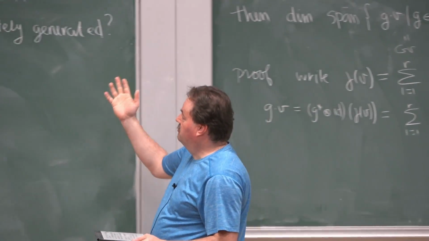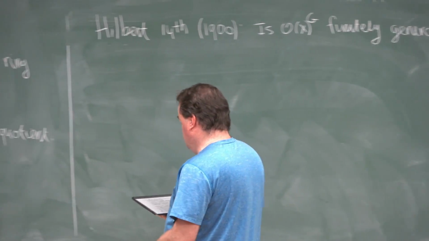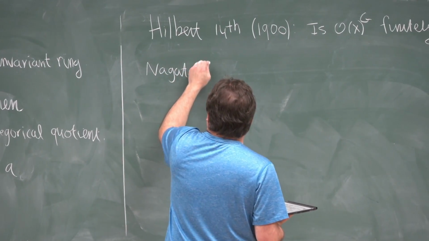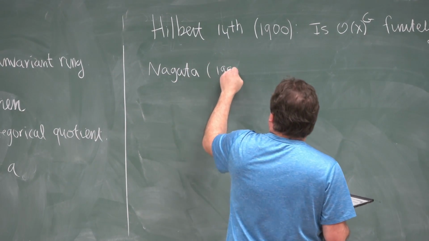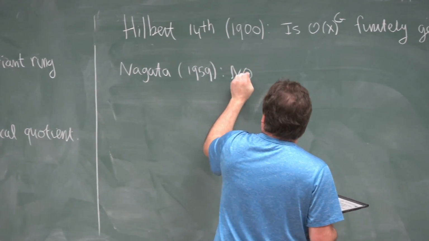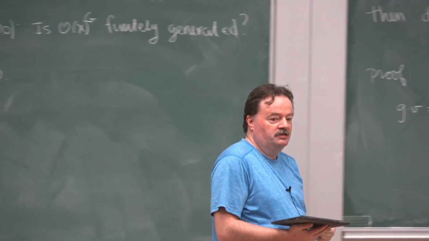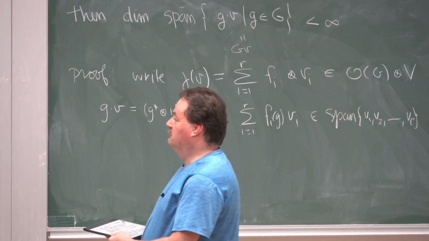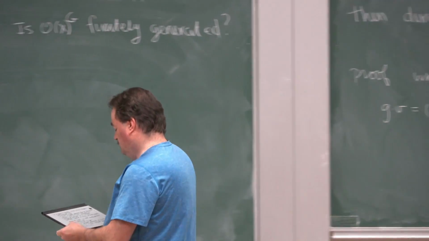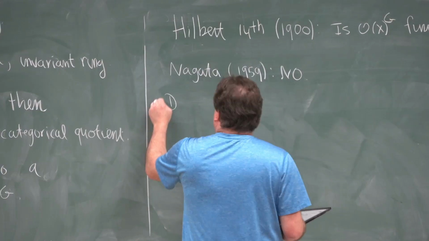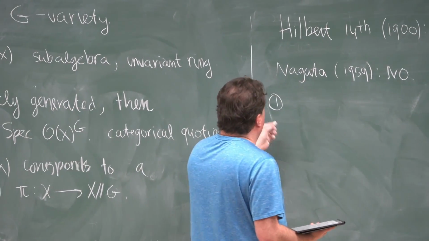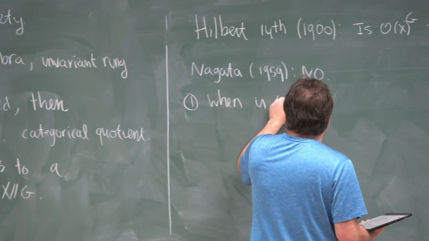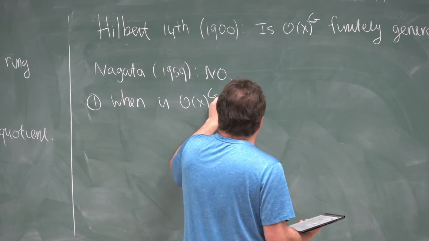In any case, the answer to both these questions is no. Nagata gave a counterexample, I think in 1959. If I have time, I might give a smaller counterexample, not Nagata's, but I don't know if I'll get to that. So first, the question is when is this invariant ring finitely generated?